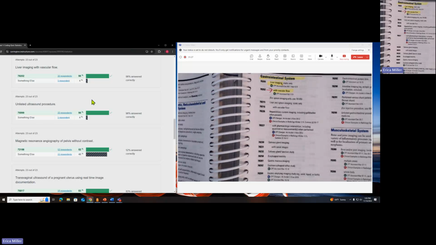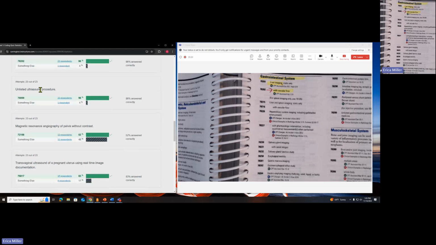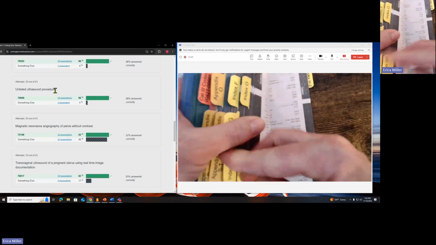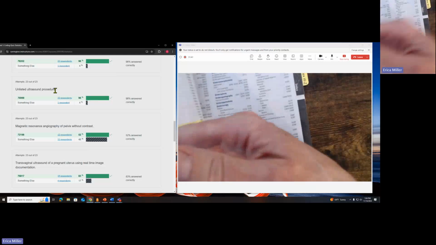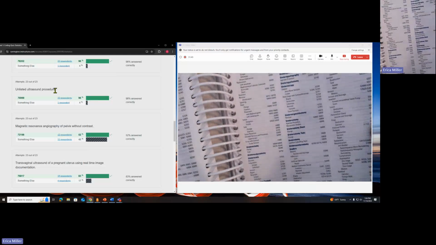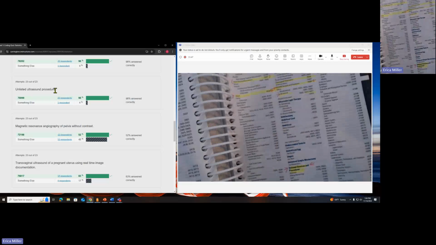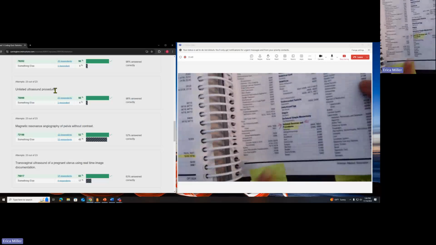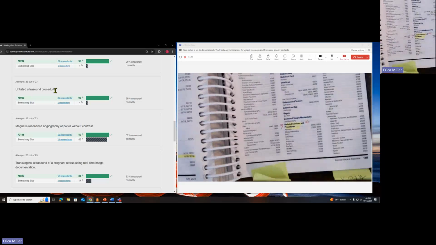All right, last code for this video, unlisted ultrasound procedure. Okay, you could go one of two ways. You could go into your index and go to ultrasound and look for unlisted, but the cool thing is on the same page as ultrasounds, you also have a whole section for unlisted procedures or services.